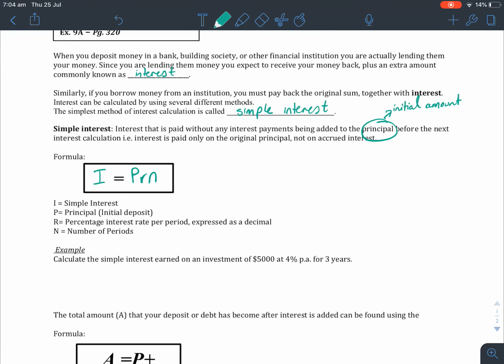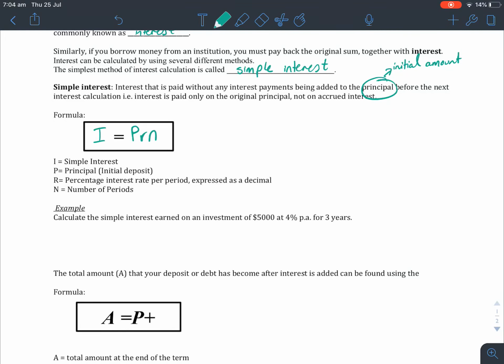So let's have a look at an example of how this would actually work. Calculate the simple interest earned on an investment of $5,000 at 4% per annum for 3 years. Okay, it's an investment, so we know that we're putting money into the bank. First of all, it says simple interest, so write the simple interest formula. I equals P R N, and we're going to substitute in.